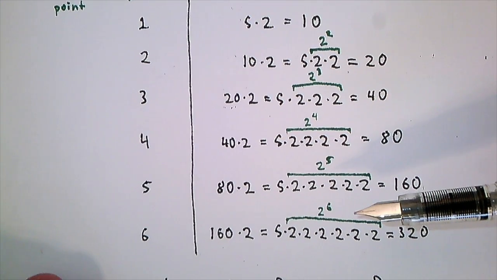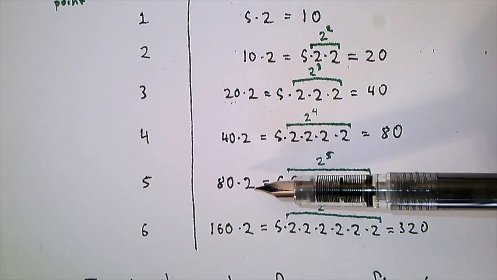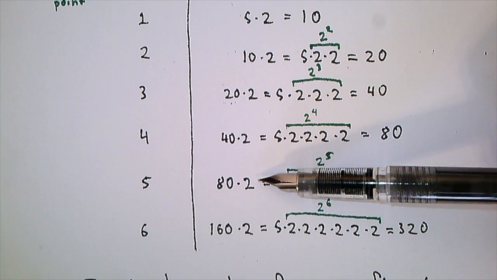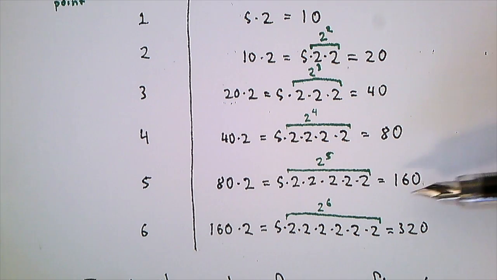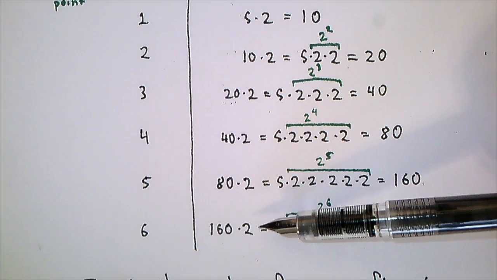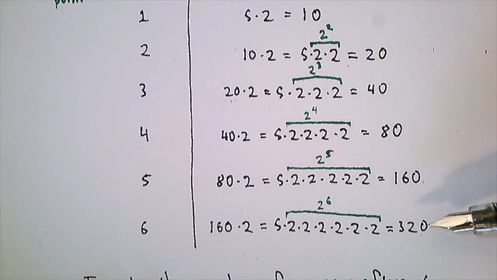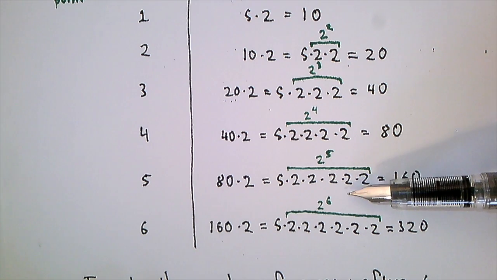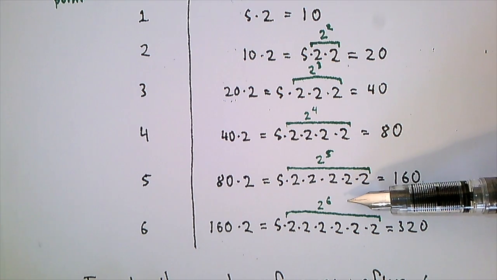And here's weeks 5 and 6. We multiply by 2 again in week 5 to get 160. We're up to 5 2's. And in week 6, we multiply by 2 again to get 320, and we're up to 6 2's in our multiplication.